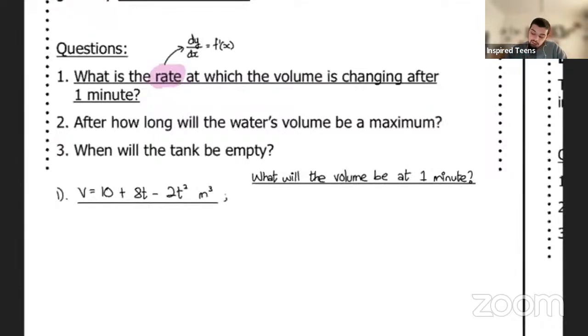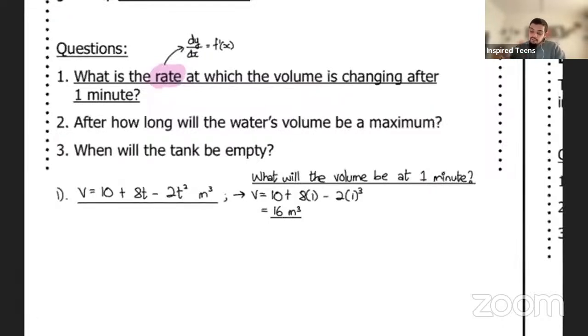They just want to know what will the volume of the tank be at 1 minute. So you just simply take this volume formula and you substitute 1 minute. 10 plus 8 into 1 minus 2 into 1 squared. And this gives you an answer of 10 plus 8 is 18, 18 minus 2 is 16. So 16 meters cubed, because that's what the formula is in. It's in meters cubed. Okay, so simple.